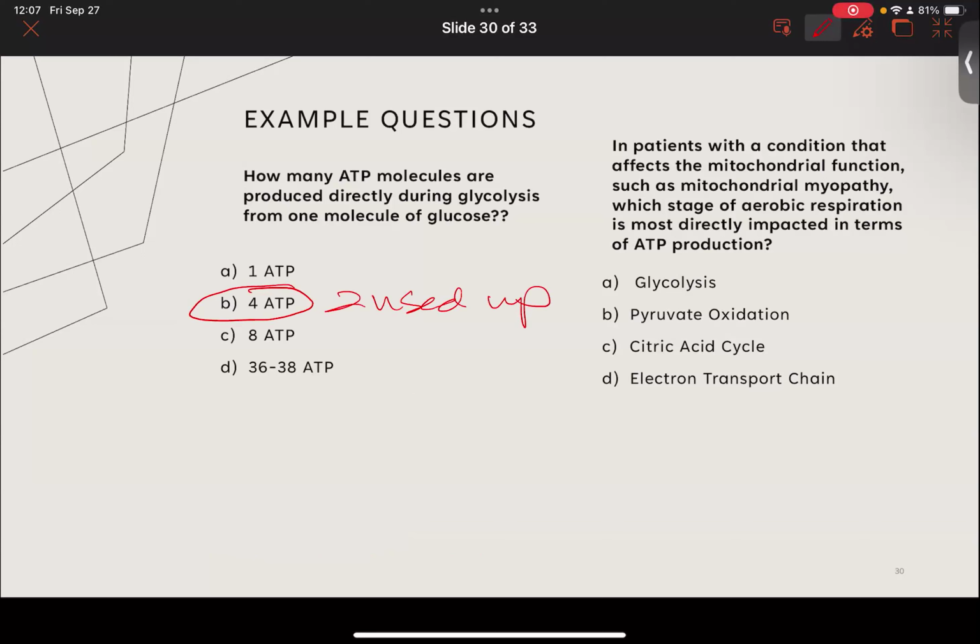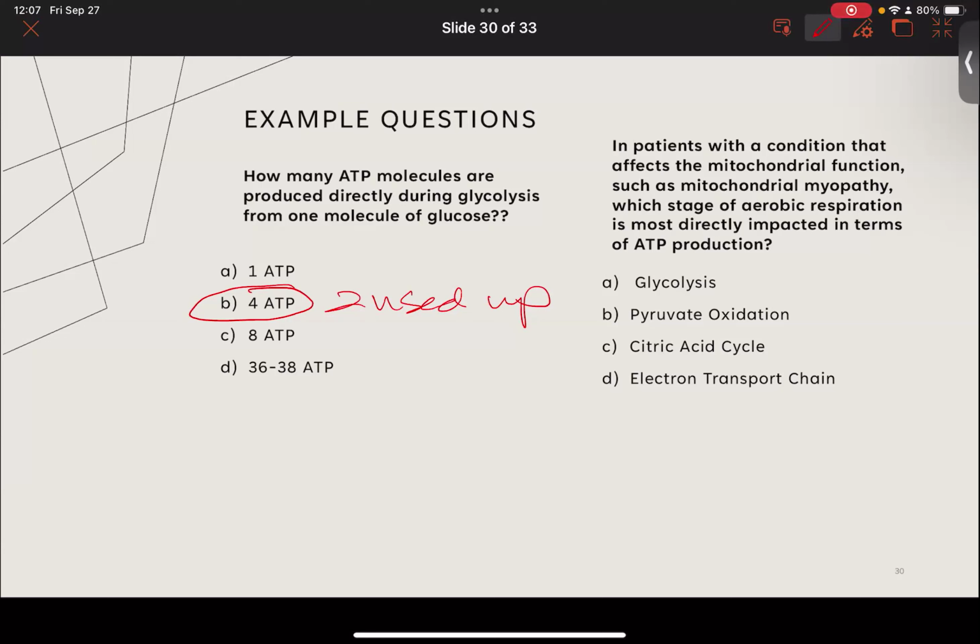In patients with a condition that affects mitochondrial function, so energy making, such as mitochondrial myopathy, we're dealing with a muscle disorder that occurs because your mitochondria aren't making energy properly. Which stage of aerobic respiration, so we already know O2 is involved, is most directly impacted in terms of ATP production?